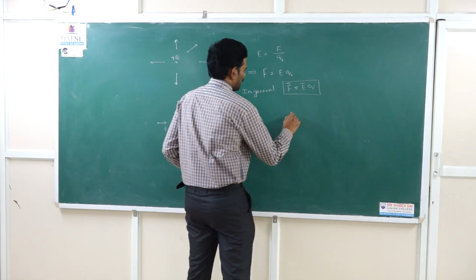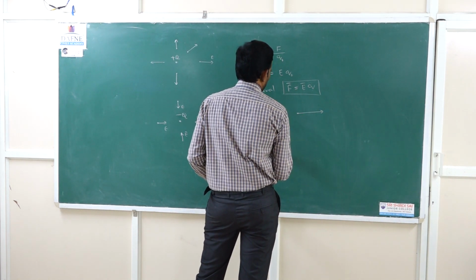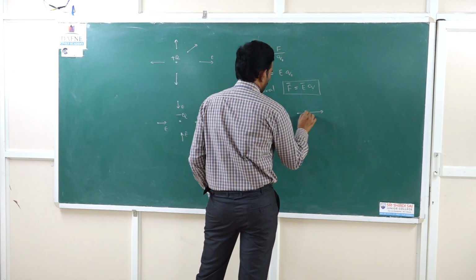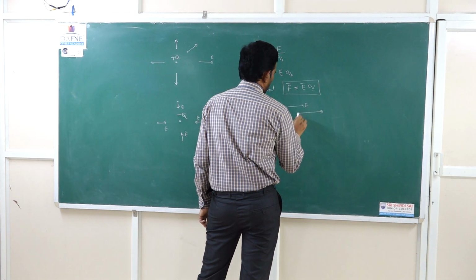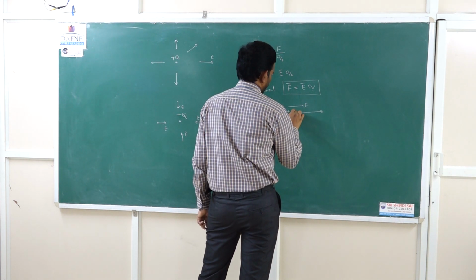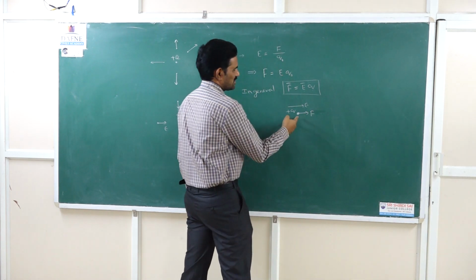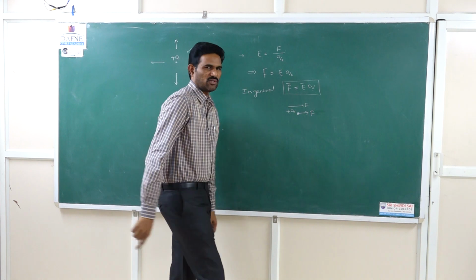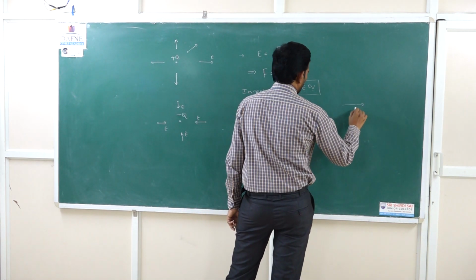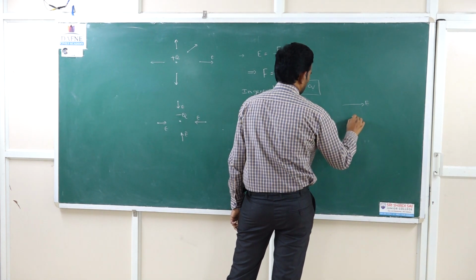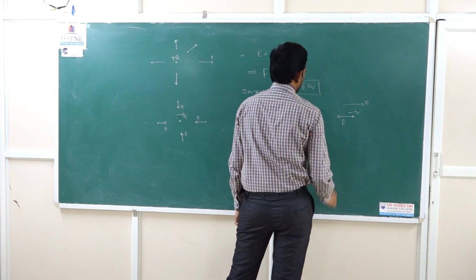So we can conclude here, if a charge is placed at this point where the electric field is along this direction, and if it is a positive charge, then the force acting on the charge in this electric field will be in the direction of the electric field. And the force acting on a negatively charged particle, suppose it is minus q, will be opposite to the direction of the electric field.